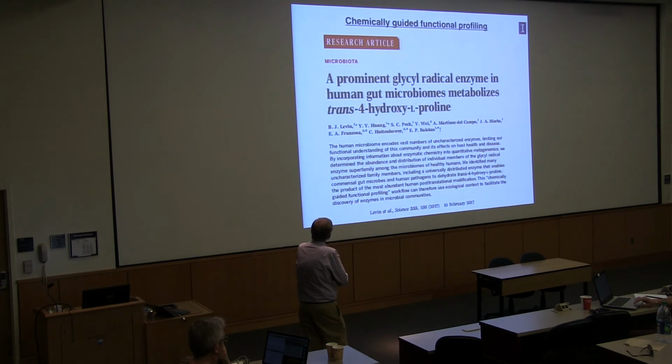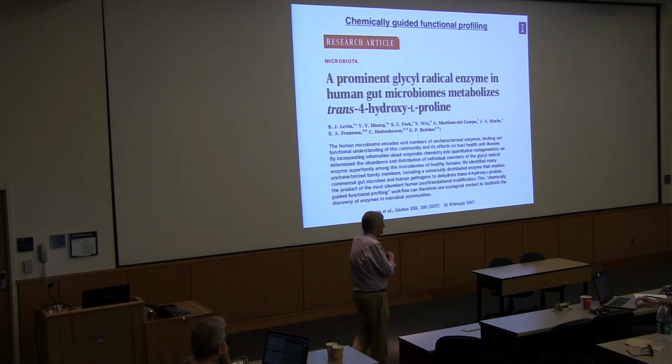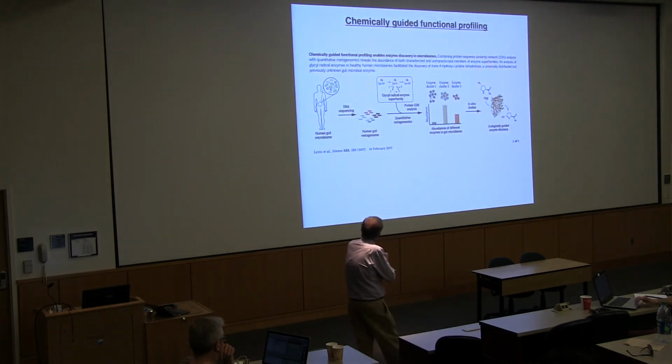As I said, last February, Emily Balskis and Curtis Huttenauer published a paper in Science where they assigned functions to 2 different families of the glycol radical enzyme family. One of the functions was 4-hydroxyproline dehydratase, and another one was a 1,2-propanediol dehydratase. These were activities that are found in the gut metagenome.